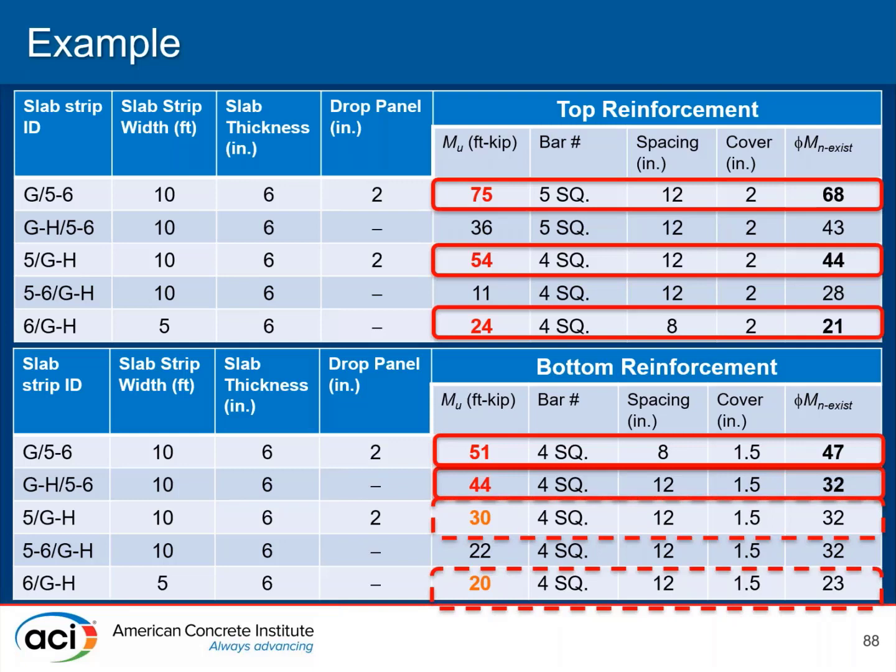What's highlighted with the red numbers are where the applied loads are in excess of the factored resisted loads. You can see that in these strips, Mu is greater than φMn, indicating that there is a concern.